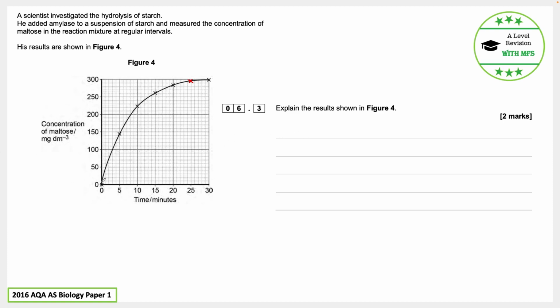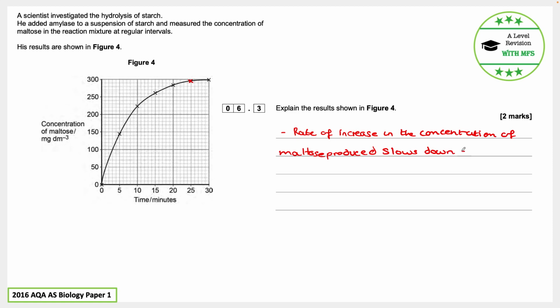So first explain the general trend of that line, and you can say that the rate of increase in the concentration of maltose produced slows down as the time increases.